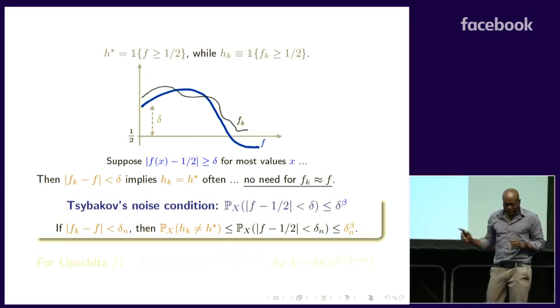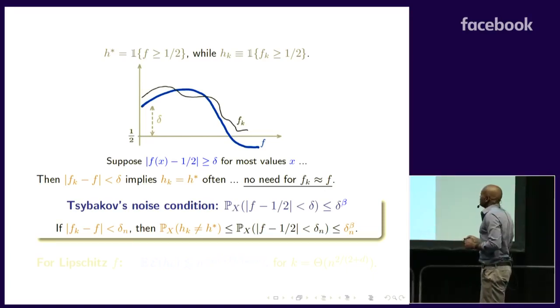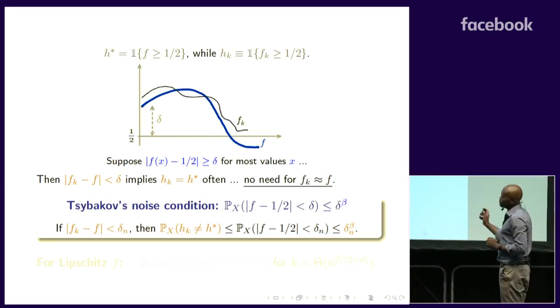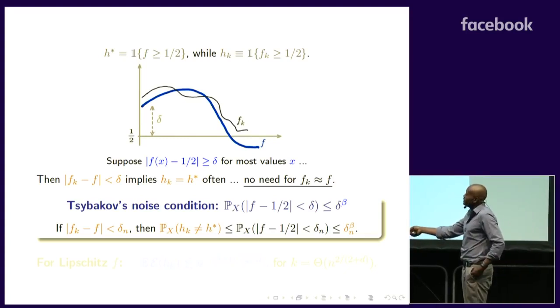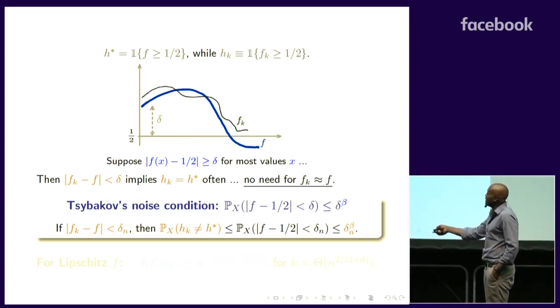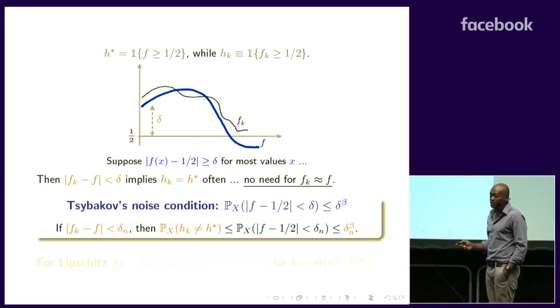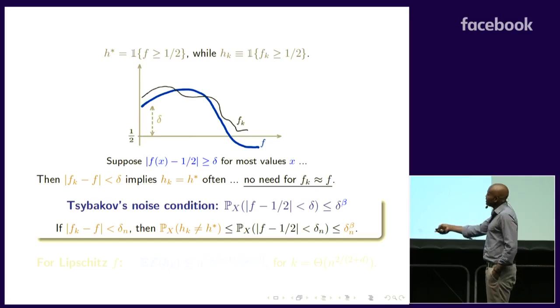Now, here is some quick intuition. Suppose this condition holds. And suppose now that |fk - f| is known to be less than some delta n everywhere. So this is a regression. If it is less than delta n everywhere, then hk is different from h star only if there was no margin.